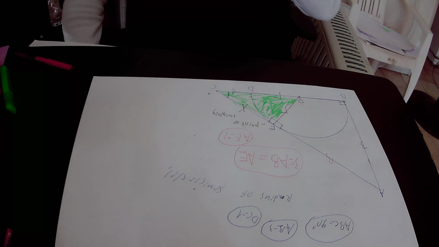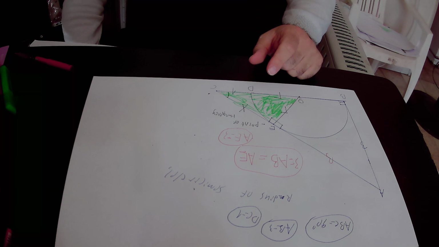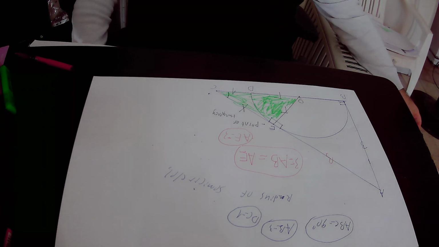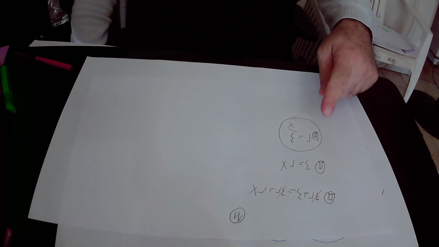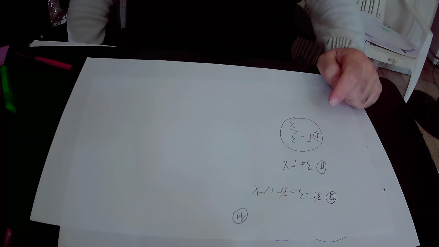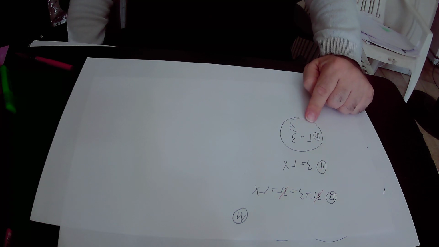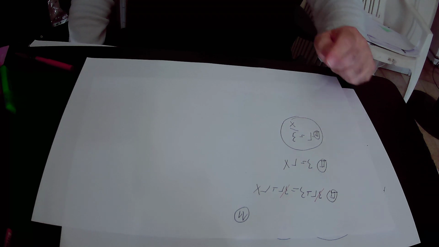Therefore, it must be a positive number, it can never be 0. Therefore, it is allowable to divide equation number 2 by x. So we found that the radius of the semicircle equals 3 over x.